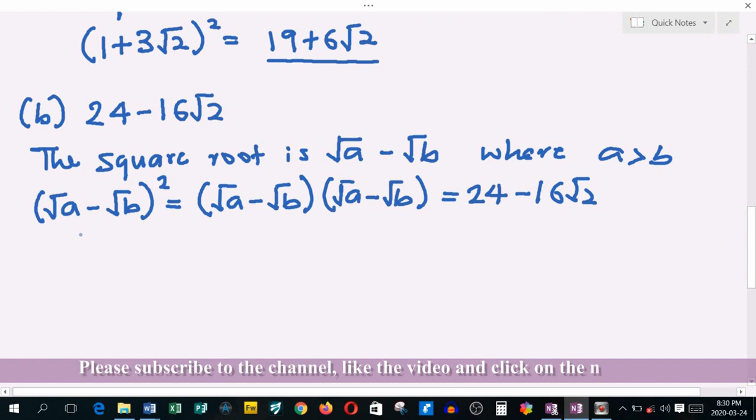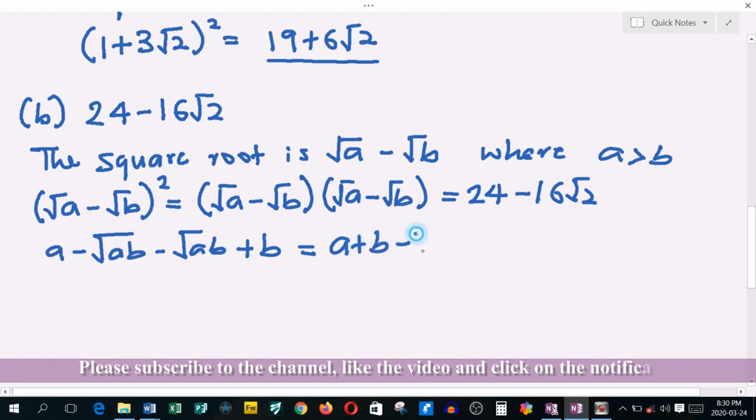So this is a times a will give us a, minus root ab minus root ab plus b, which is equal to a plus b minus 2 root ab is equal to 24 minus 16 root 2.